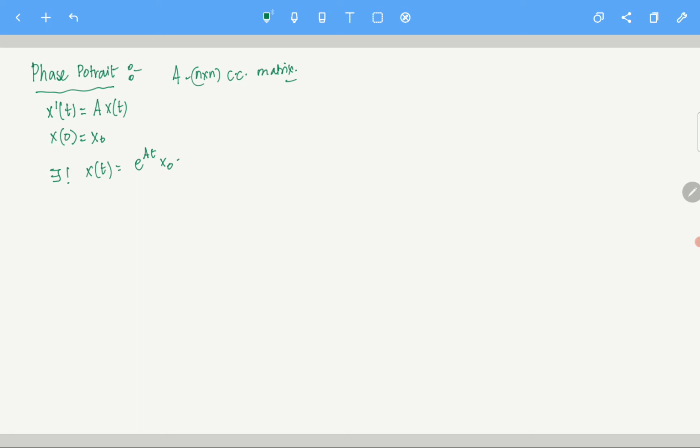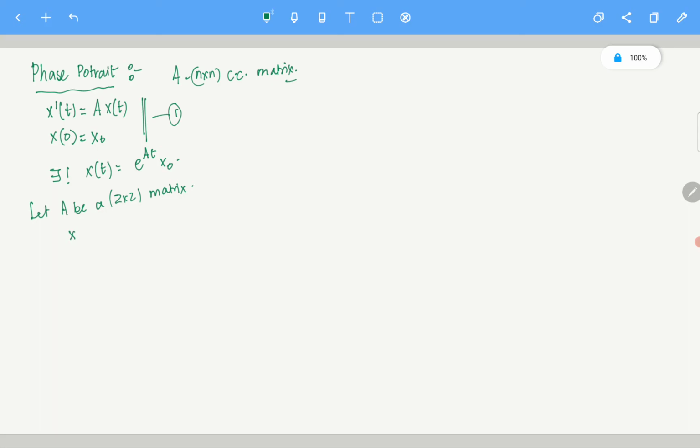The main idea of studying this is a linear equation, right? So if you want to break it up, let A be a 2 cross 2 matrix. In this lecture we are only going to talk about 2 cross 2 matrices. See what happens. How does one look like?